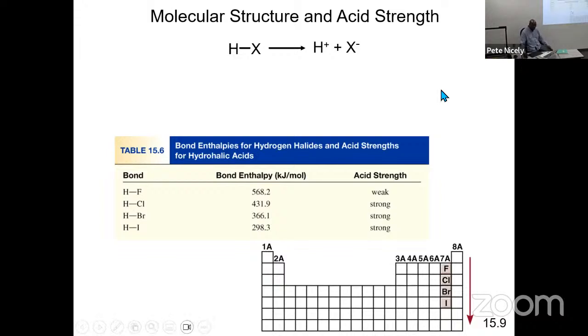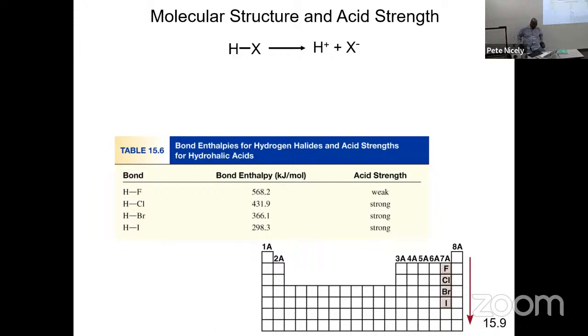So what you'll find is that when it comes to binary acids, the strength of the acid is related to the bond strength, right? And what we're looking at here are all the halo acids of group 7: hydrofluoric, hydrochloric, hydrobromic, hydroiodic. And what you'll find is that as the bond strength decreases, the strength of the acid increases, right? So going down group 7A, you'll find that the acid strength increases for these acids.